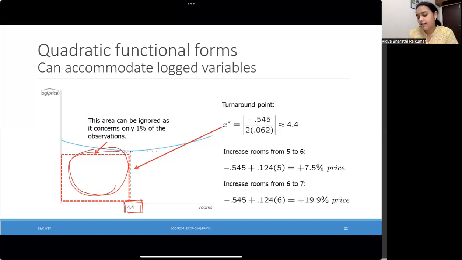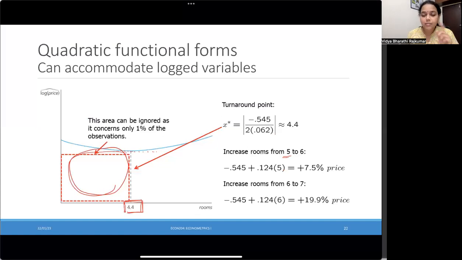And we have a convex relationship, meaning the house prices are increasing at an increasing rate with the number of rooms. To give you a numerical example, suppose the house has 5 rooms, but we're now increasing to getting a 6th room.